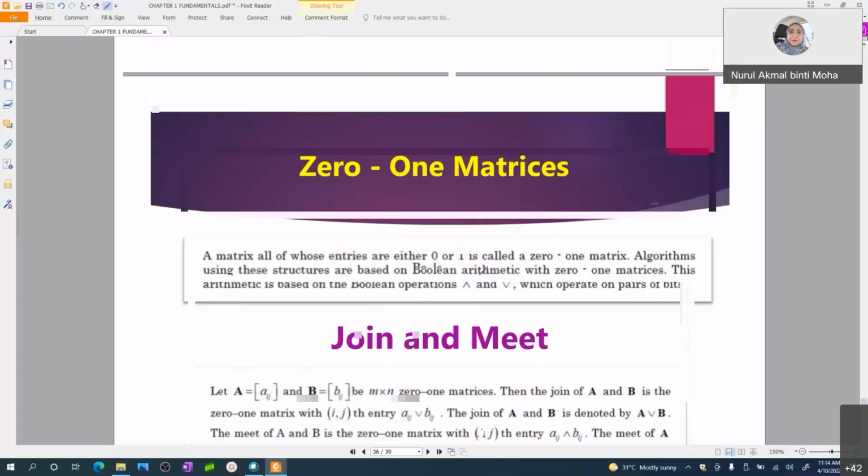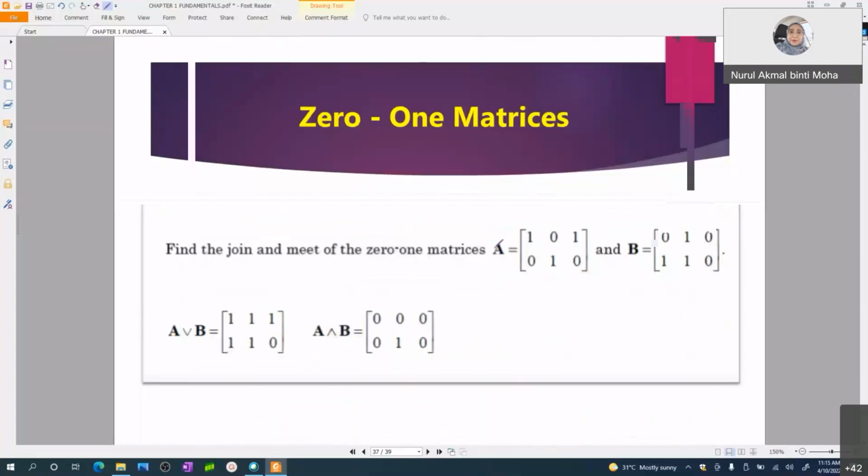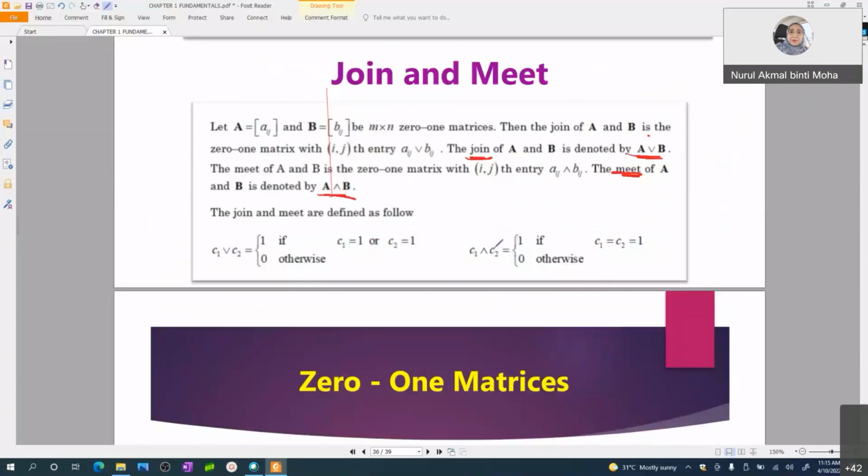Okay, let's try to solve this problem. You have this notation, this definition for the join and meet, defined as follows. The join of C1 and C2 is equal to 1 if C1 is equal to 1 or C2 is equal to 1, and it is equal to 0 otherwise. So like I said before, this acts like union.